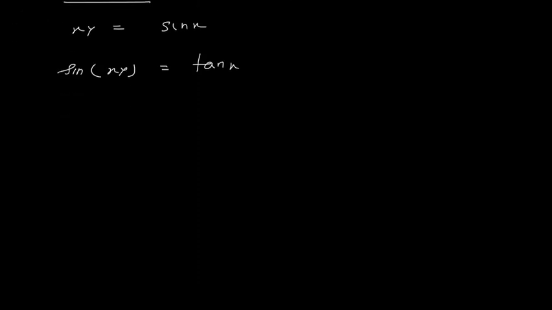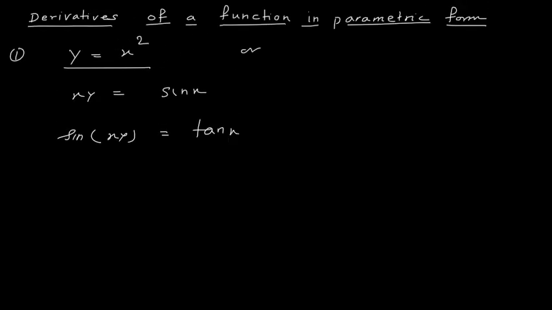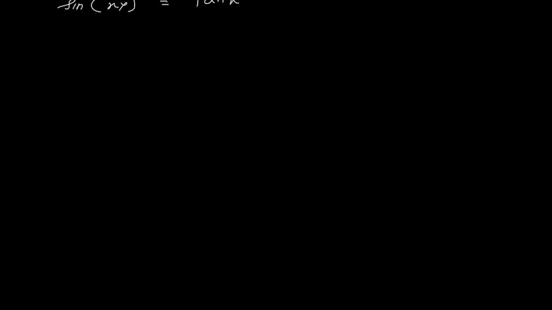Now today we are going to see the derivative of a function which is in parametric form. Let us understand what we mean by parametric form. Suppose I have y which is x square. Now here your y depends on x. How does it depend on x? y is the square of x.